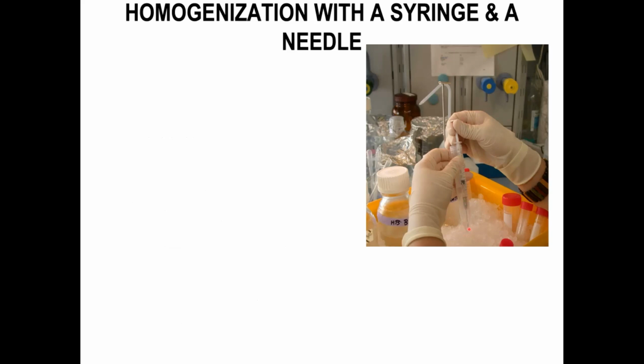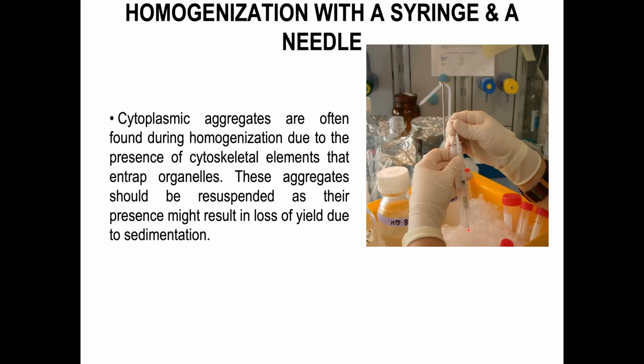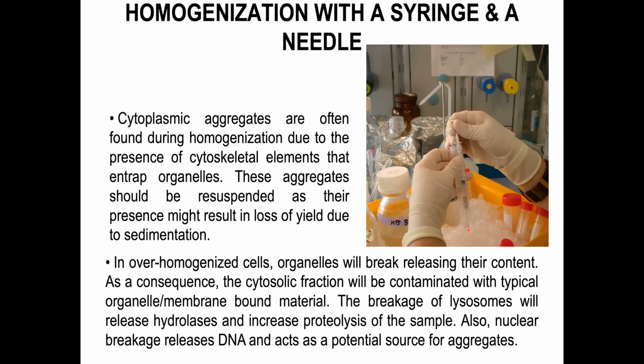I will show you later in a video how you can avoid the air bubbles, because air bubbles would cause denaturation, and that would again cause unpredictable homogenization results. Also avoid aggregates, because every aggregate is bad because it traps organelles, and over-homogenized cells should also be avoided.